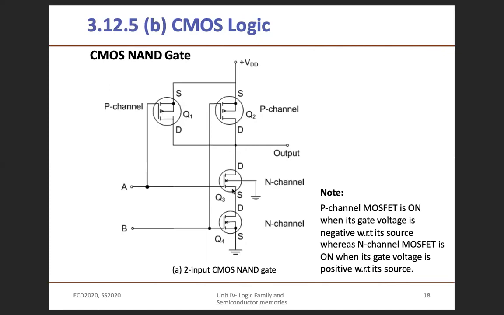In the case of N channel, the transistor turns on when you give high to the base of the transistor, but it is the opposite for P channel. It will turn on if you give 0 volts at the base of the P channel transistor. That is the difference. Now let's see how that circuit works based on the truth table. You know the truth table of the NAND gate.